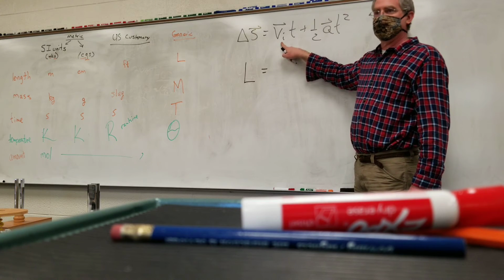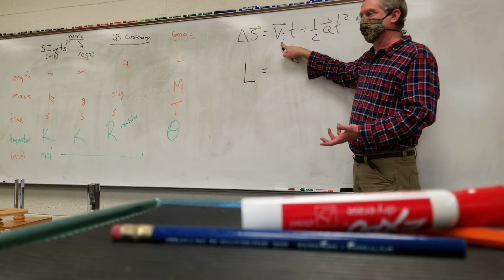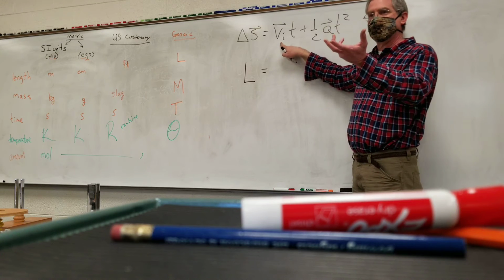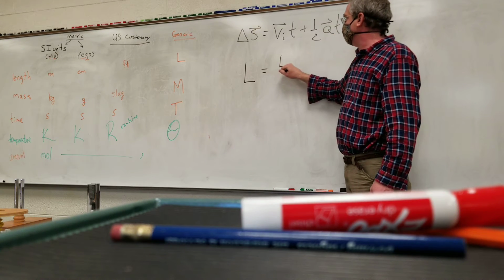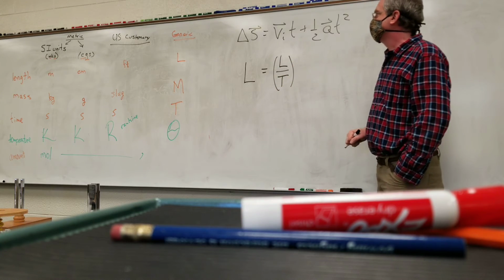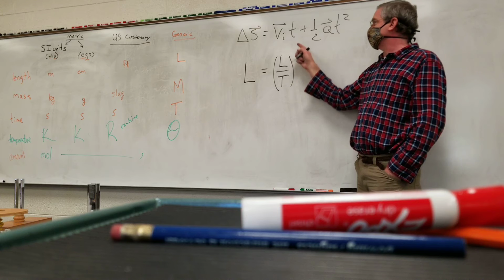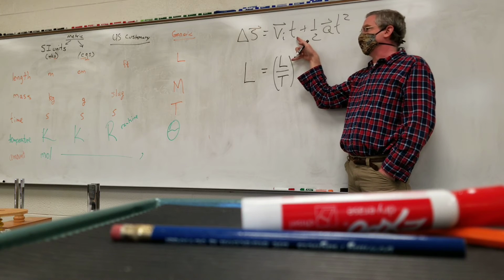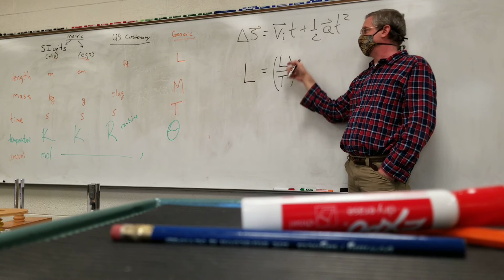V_i, that's a speed. Think of miles per hour, feet per second, meters per second. It is some distance divided by some time, so this is a length divided by time. If I use the lowercase t here, then suddenly we have two lowercase t's, which mean something different. One is generic time, and the other one is the unit of time.